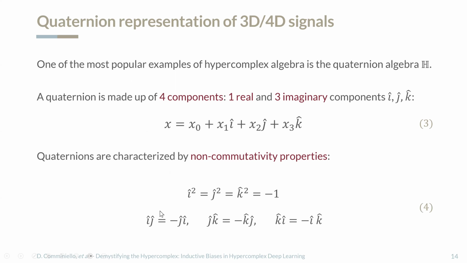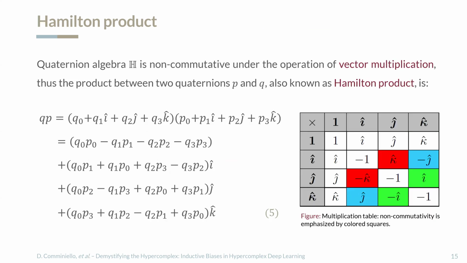So this holds for all the multiplications between different axes. So given these very few properties, Hamilton redefined the operation of multiplication.